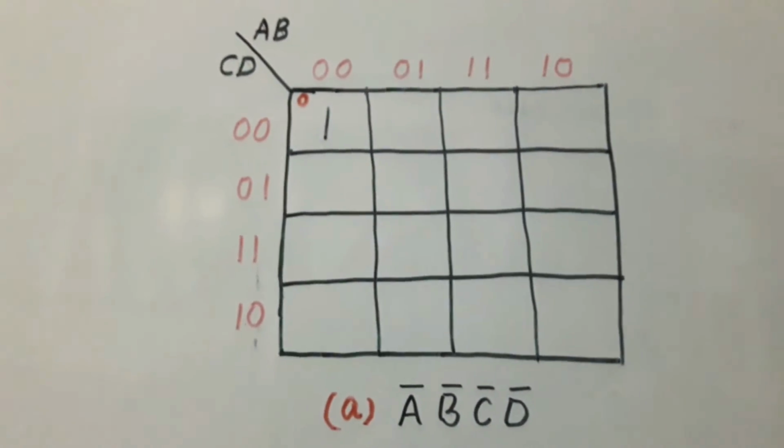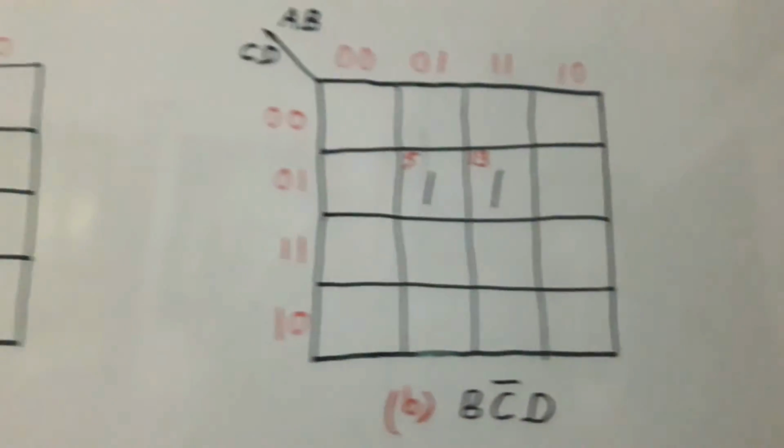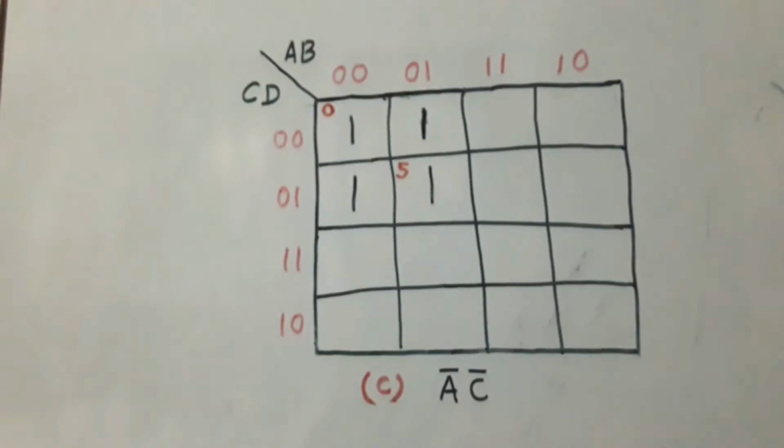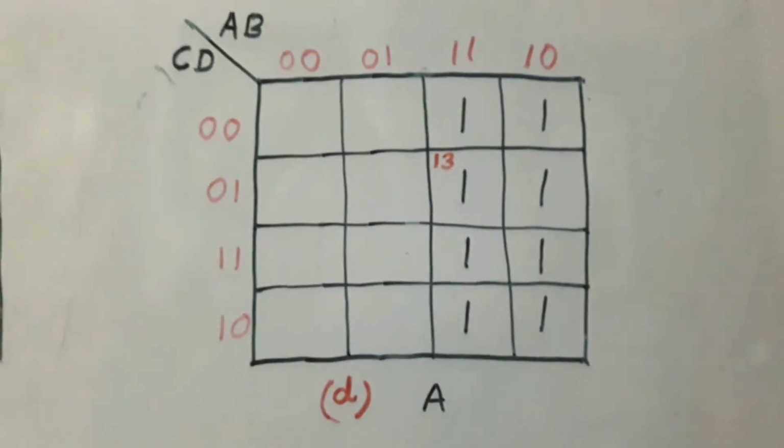Now we find that all the 4 terms have been plotted in figure A, figure B, figure C and figure D separately.